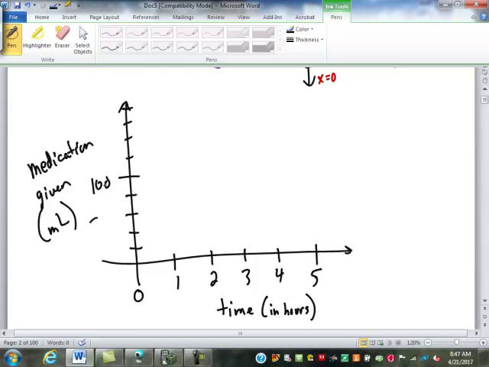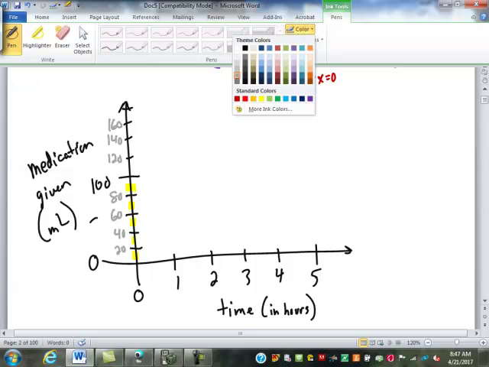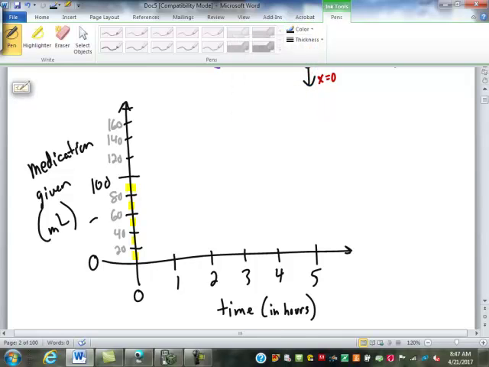Same going up this way. I only have the 100 labeled, but if I assume that this is 0 here, there's 1, 2, 3, 4, 5 spaces between 0 and 100. I can figure out that each of those markings is 20. So they don't all have to be labeled. And a lot of graphs would get pretty cluttered if we did label all of them. As you can see, it looks kind of cluttered with all of those written in there right now.